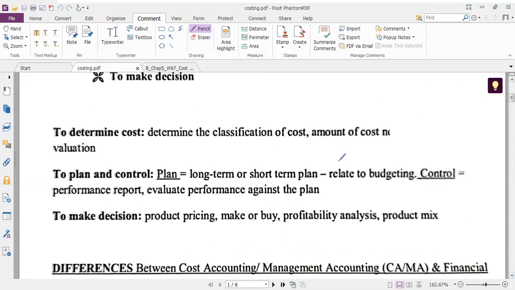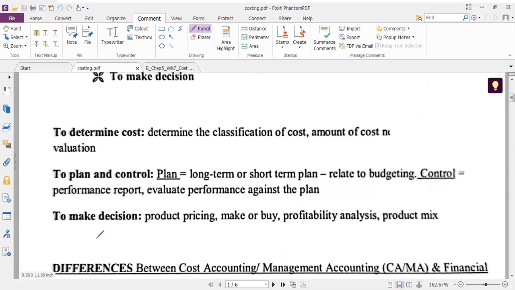And then we must plan and control. Plan for the long term or short term relating to the budgeting. For example, performance report, evaluate performance against the plan. That is plan and control.